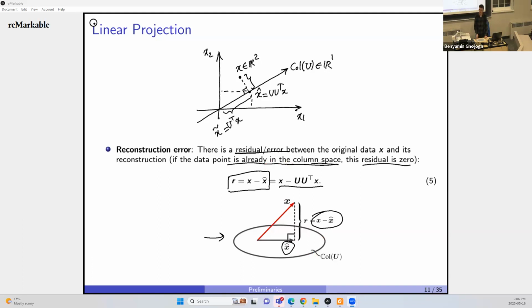The residual is 0. An example: this is the column space and the point is here. When you project it, it becomes this. When you reconstruct it in the 2D, it becomes this again.